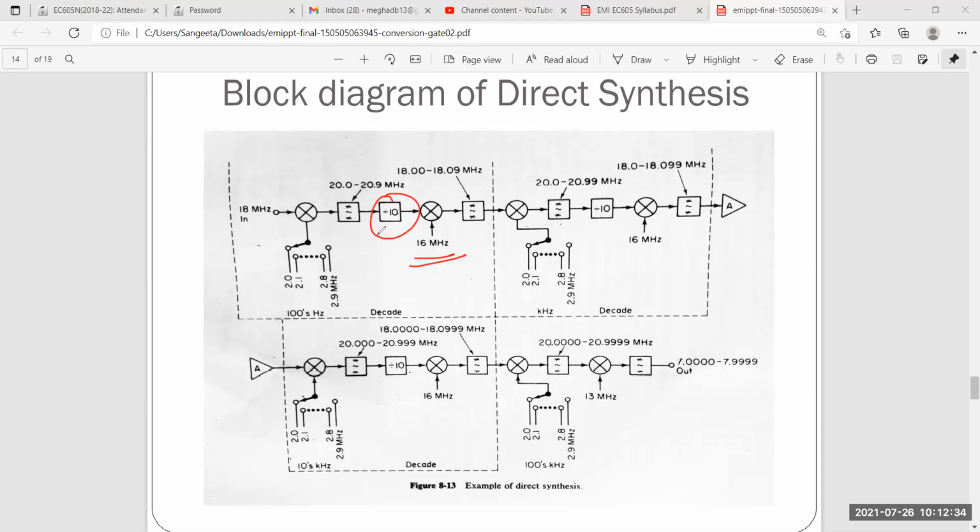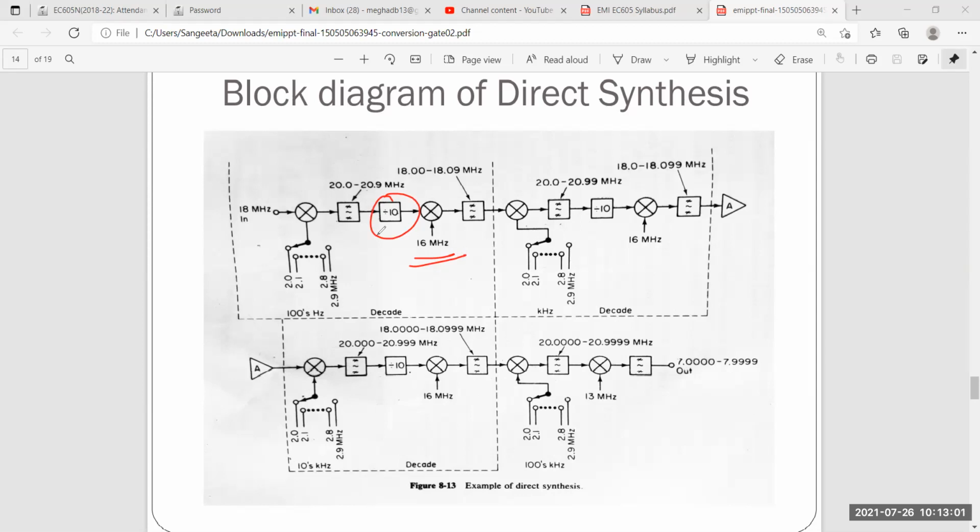Okay, it's a single diagram, but there are 3 decades. Each and every addition of decades makes it easier to get a more amplified, modulated signal. That is why they have used 3 decades in this case of frequency synthesizer.